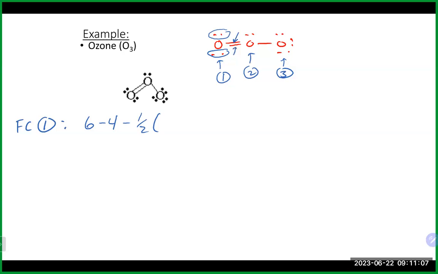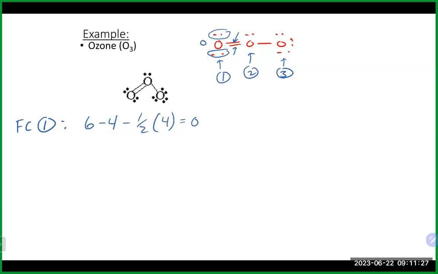So that's 1 line and 2 lines going into it, so that is going to be 4 electrons as well. That's going to give us 6 minus 4, which is 2, minus 1/2 of 4, which is also 2. That gives us a formal charge for that oxygen of 0.